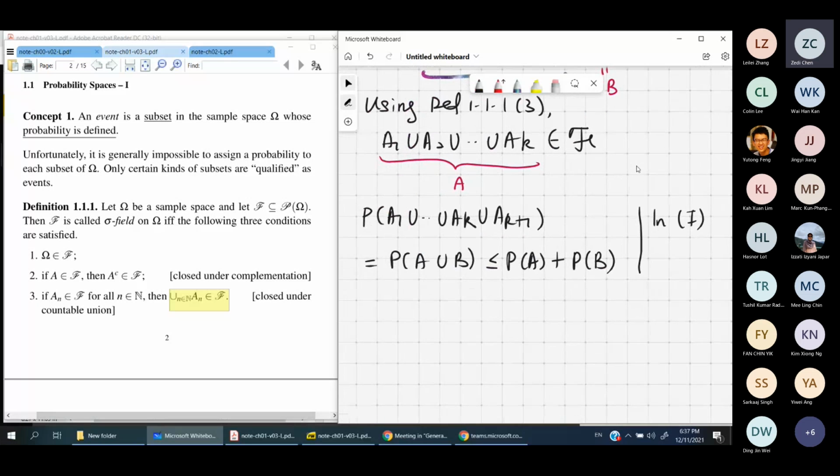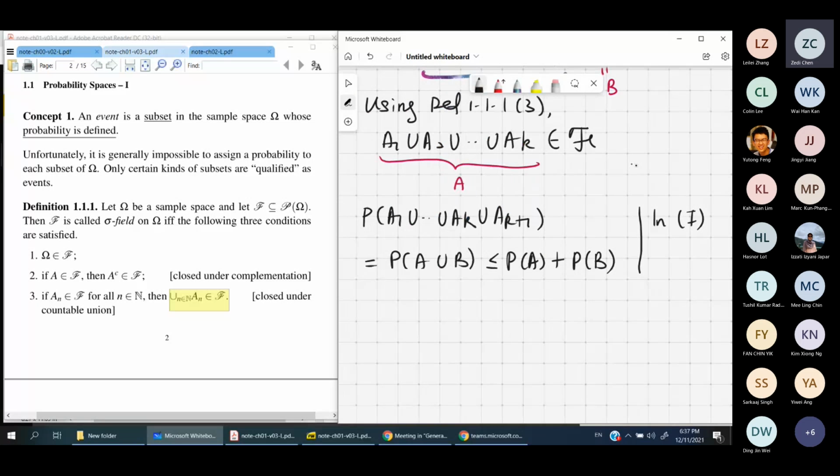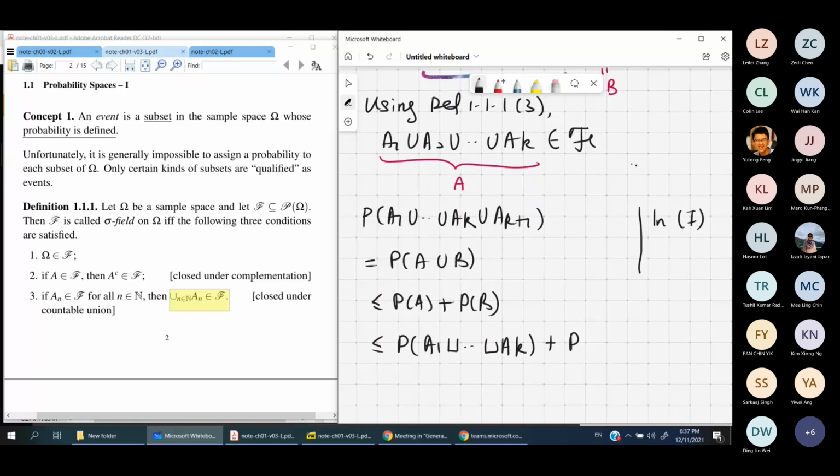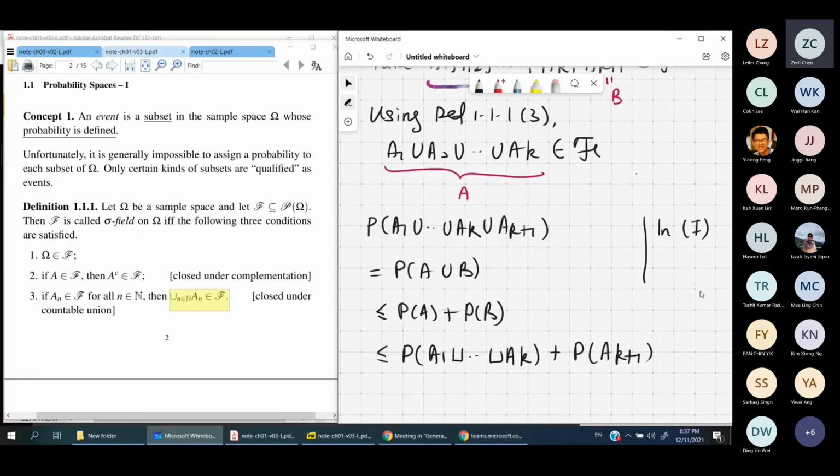Okay, now we put it back. So then this thing is less than P of A plus P of B. Now we can substitute all the things back inside. So this is P of A1 union up to AK plus P of AK plus 1. Now in our assumptions, part 2, we assume this is less than this, so we can apply it.